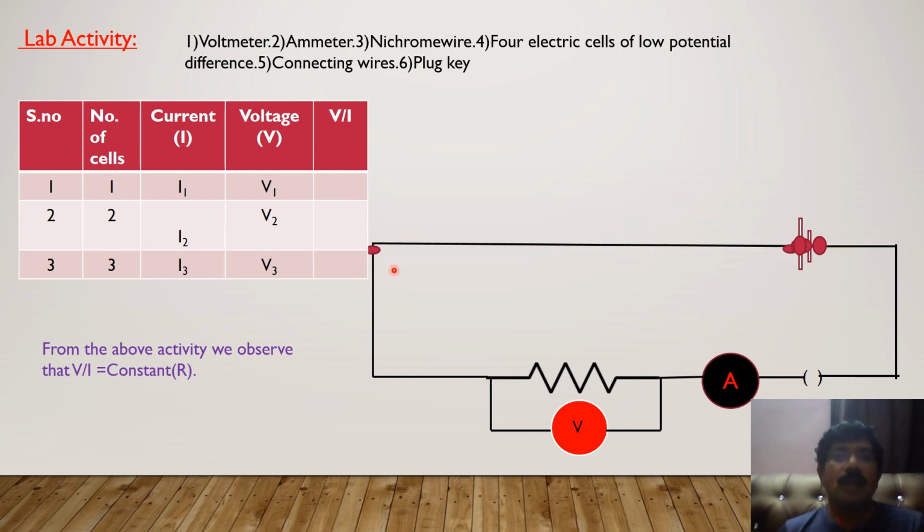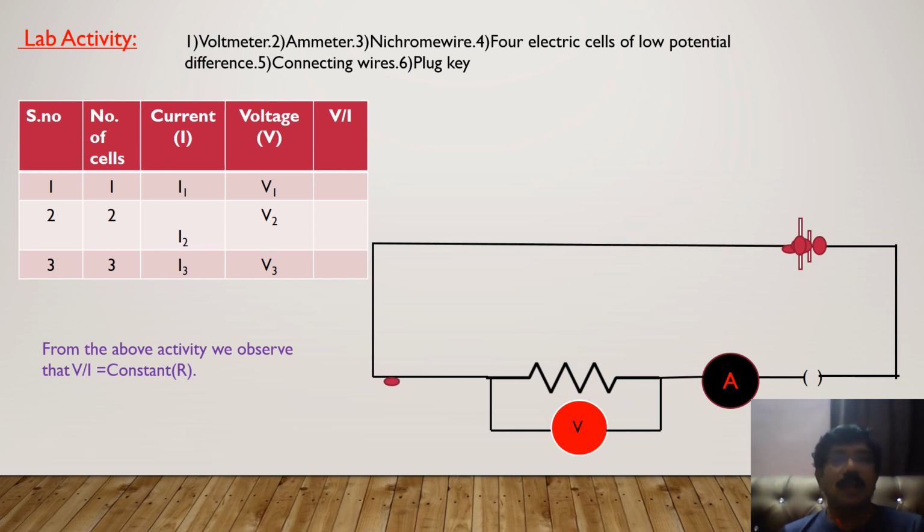So how can we do the lab activity using the 5 or 6 cells? We can do that in the laboratory. We will get accurate values, accurate measures we can record. You can plot the graph for this also. If you plot the graph taking potential difference on the x-axis and current on the y-axis, you will get a straight line.